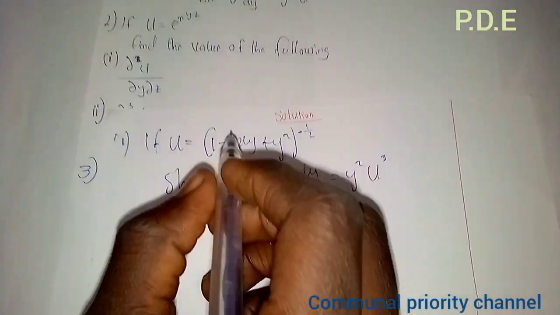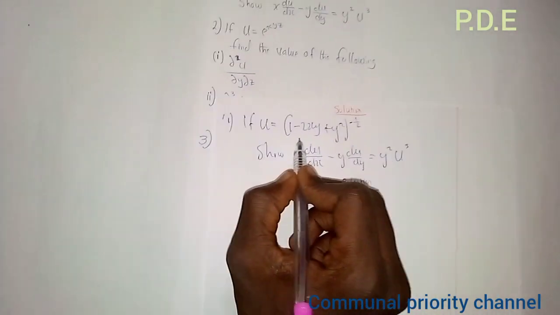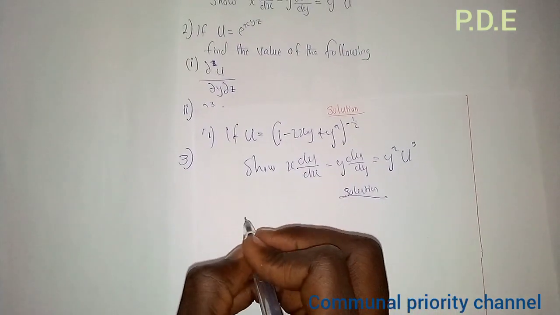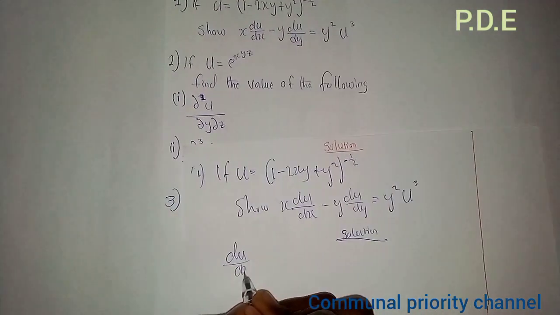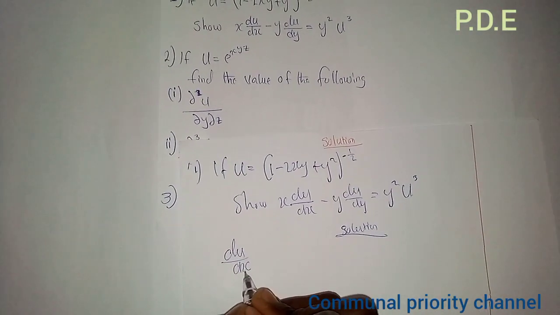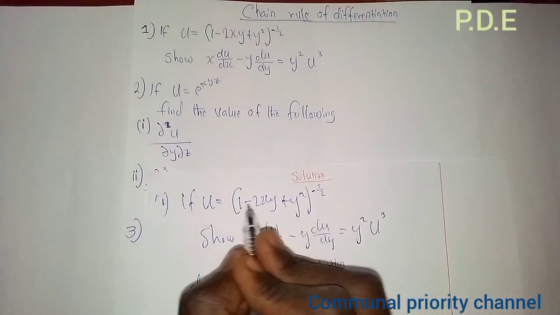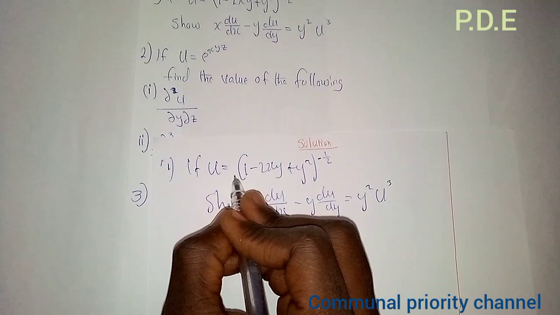First of all, we'll differentiate our value, and don't forget it's the chain rule of differentiation. Therefore, this will be du over dx. Our differentiation of u with respect to x will be equal to minus 1 over 2 multiplied by the coefficient of the bracket, which is 1.